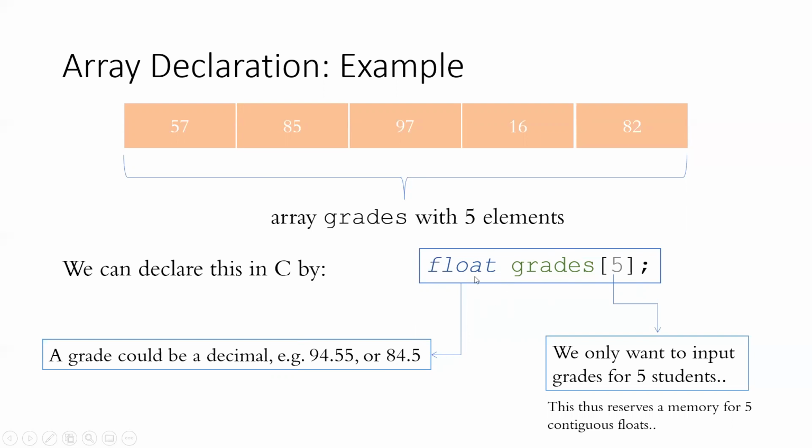Since a grade could be a decimal, like 94.55 or 84.5, we can declare it as a float. Then we specify the name of the array as grades, followed by the length, or the number of members of the array. In this case, we have 5 grades. We only want to input grades for 5 students. So what this does is it reserves memory for 5 contiguous floats.